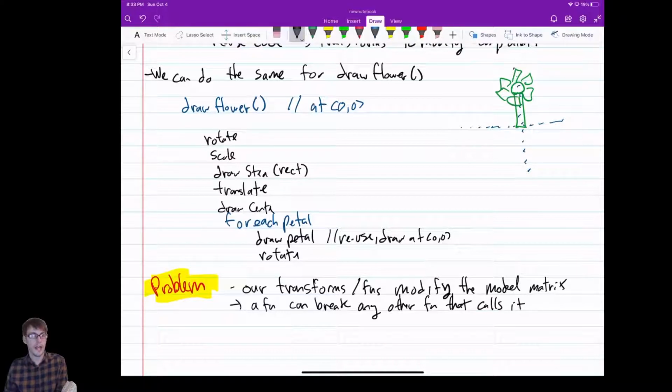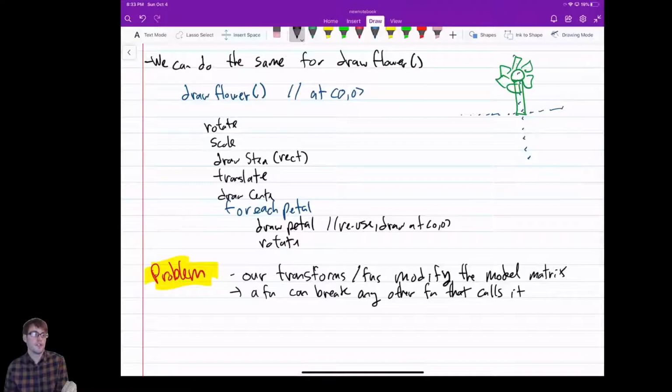Right? If you break the matrix, you can break any other code that calls it.